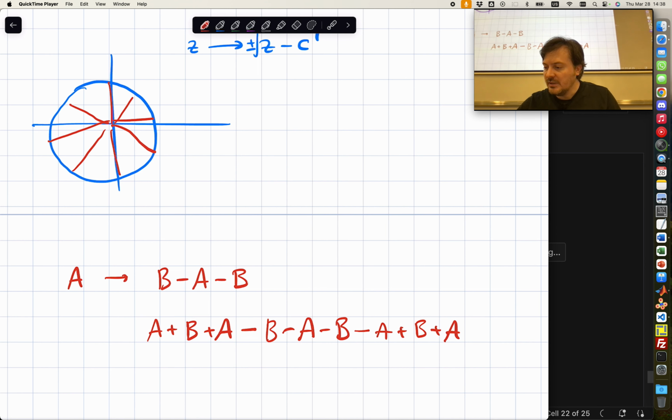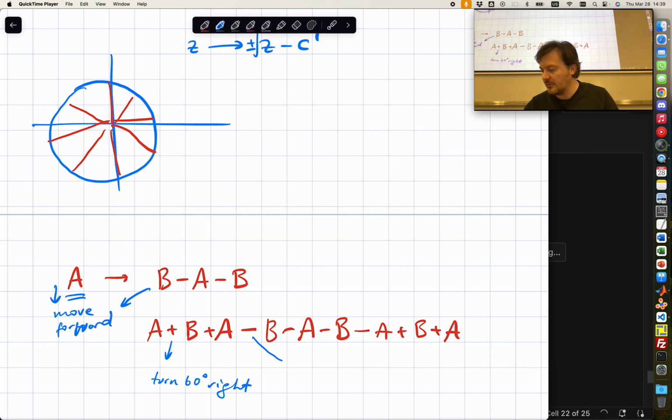Well, here's what we are going to do. A will correspond to move forward. B will also correspond to move forward. Plus will correspond to turn 60 degrees right, and minus will correspond to turn 60 degrees left.